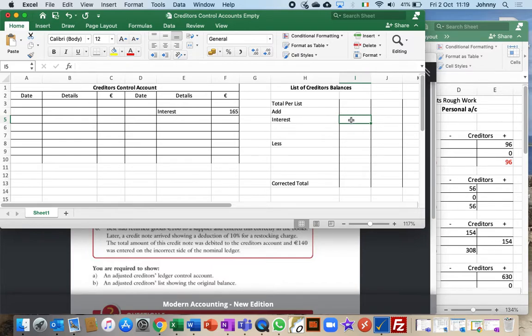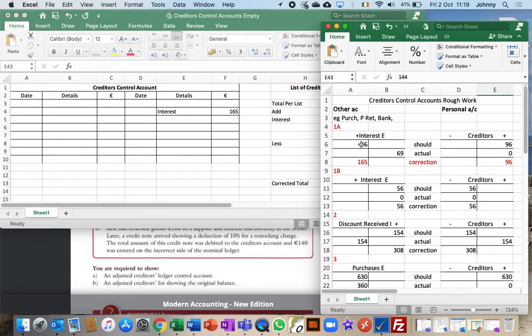So I'm going to add 96 in the list, and I'm going to take away interest 56. Is that right? Or what I could do instead is, I think, Nathan, this is what you did. What I could do instead is take the two of them away, and I could have maybe 40 in there and nothing in there. Either is correct. Is that right?